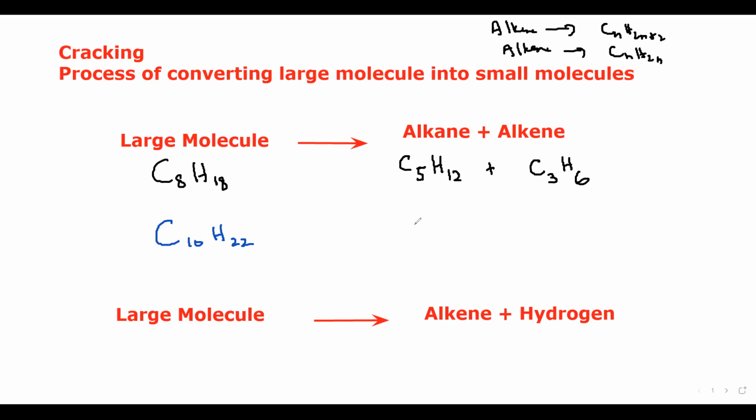For example, I select 7. So C7. To be an alkane, how many hydrogen should be here? Yeah, that's good. Because 7 multiplied by 2 is 14, and 14 plus 2 makes 16. So it will be C7H16.